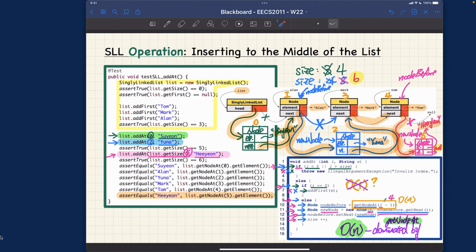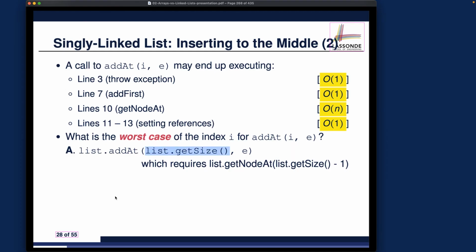That will be the very last node that used to be in the list. That will require the most work for the get node add method, right? Just to reiterate the point, the list.getSize will in turn trigger get node add with list.getSize minus 1, which will require the most work to go all the way to the end of the current list.